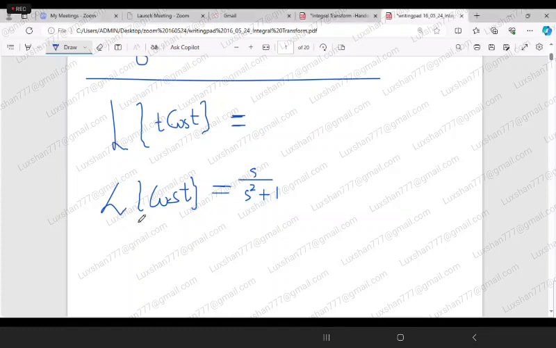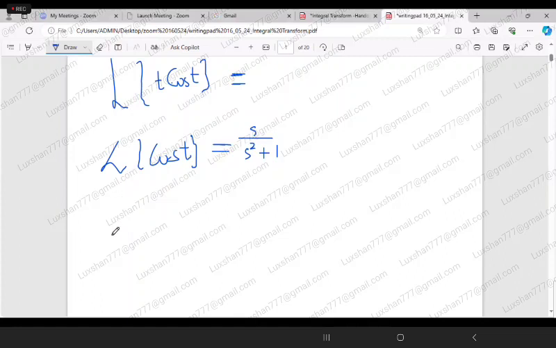Now, if the Laplace transform of cos t is equal to s over s square plus 1, what is the Laplace transform of t into cos t? Multiplication property. Multiplication by t to the power n.